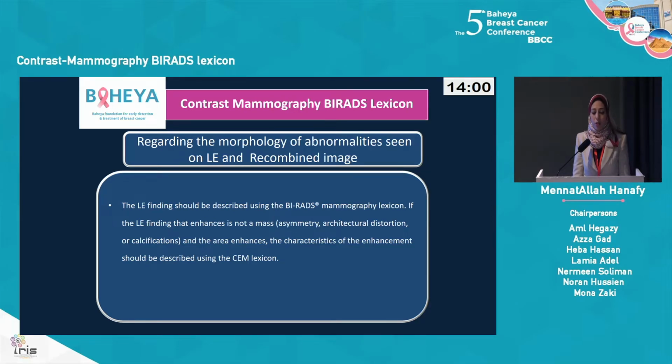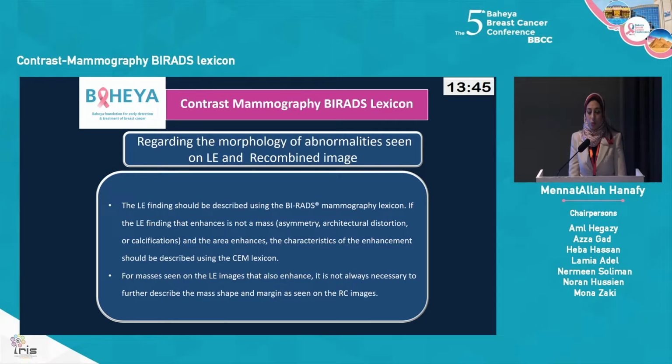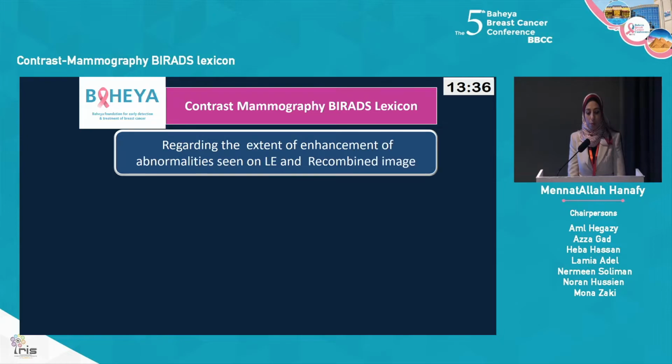If the low energy finding that enhances is not a mass, asymmetry, architectural distortion, or calcification, for example, and the area enhanced, the characteristic of enhancement should be described using the contrast-enhanced mammography lexicon. For masses seen on low energy images that also enhance, it's not always necessary to further describe the mass shape and margin as seen on the recombined image.